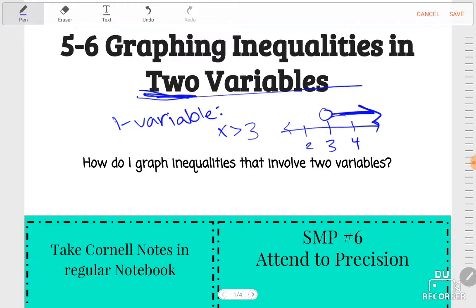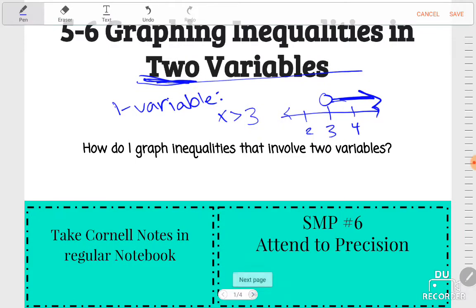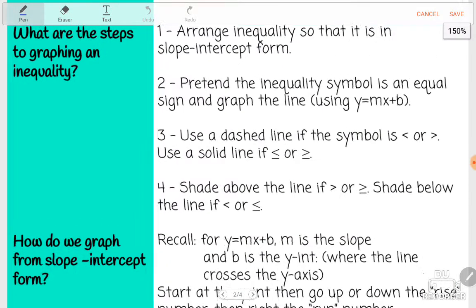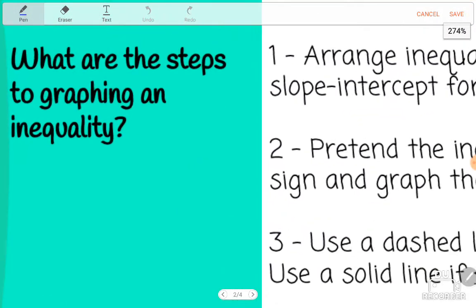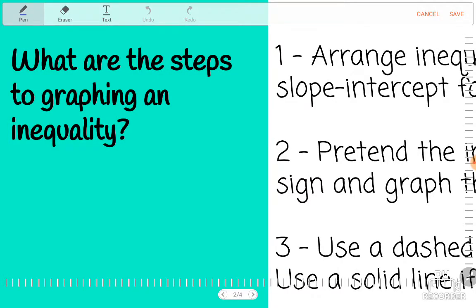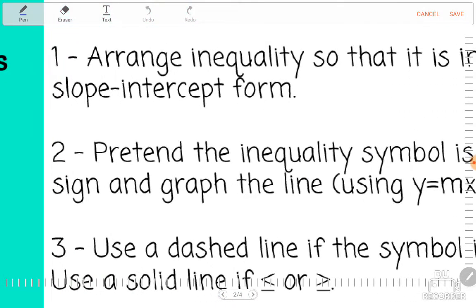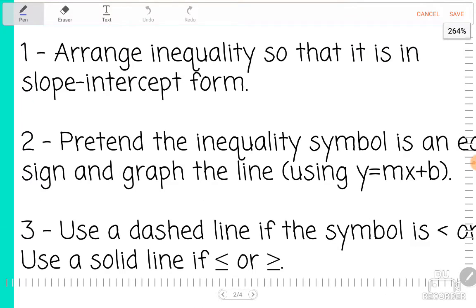Okay, so again, we want to make sure that we're attending to precision with this lesson, being very careful in how we graph, and then we will be shading. So let's look at this. Okay, so first off, what are the steps to graphing an inequality? Okay, so over here, first step is that we want to arrange the inequality so that it's in slope-intercept form.